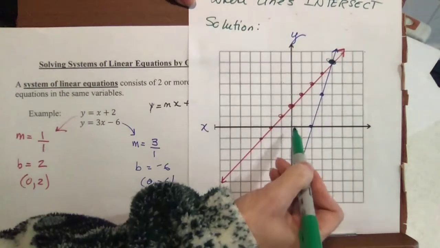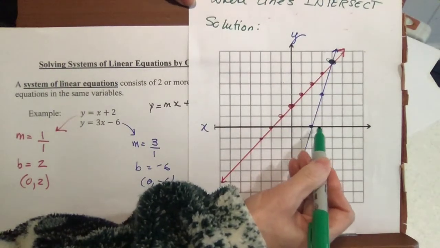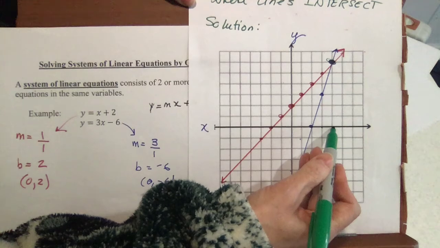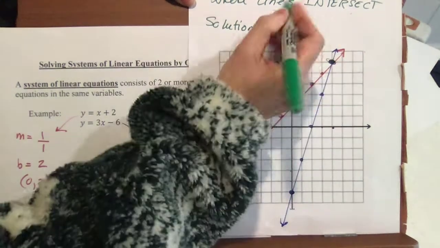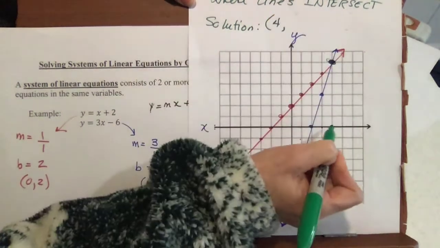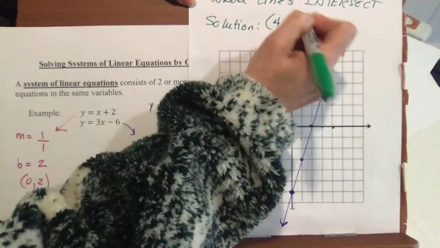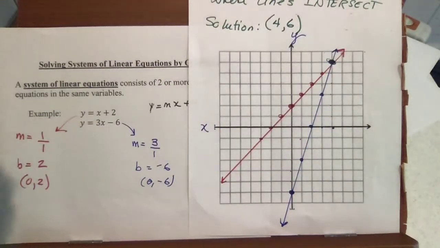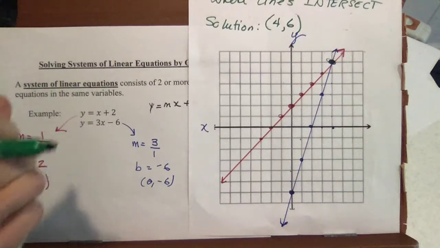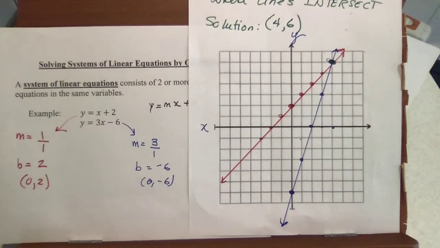We count 1, 2, 3, 4, so your x value is 4. Then we go 1, 2, 3, 4, 5, 6 up, so it's (4, 6). That's our intersection point.